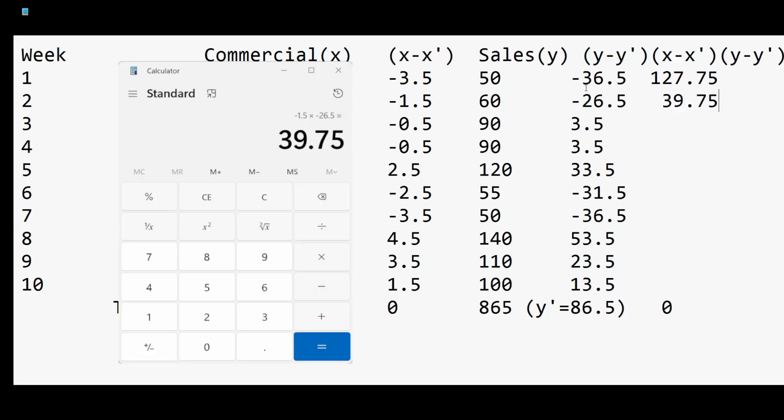Next is negative 0.5 times 3.5 equals negative 1.75. This is also the same.